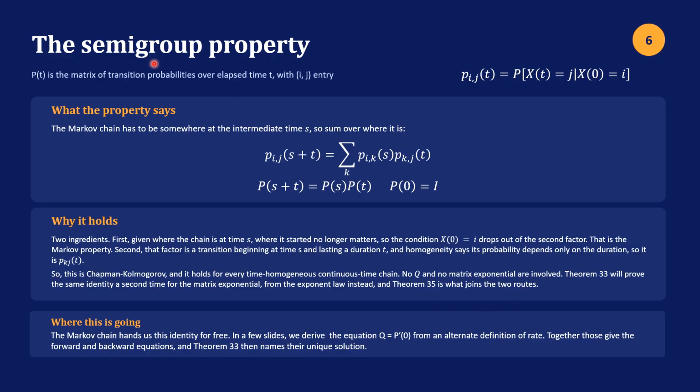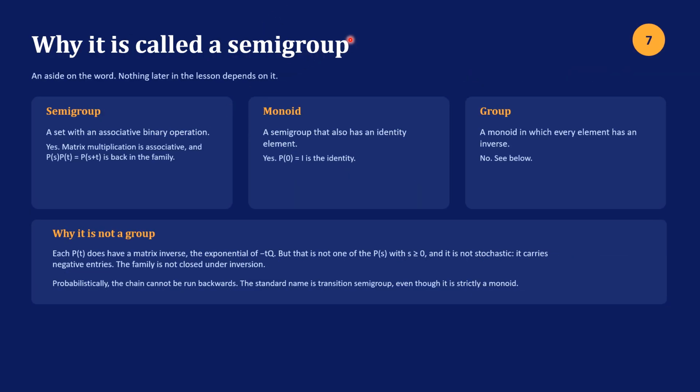What I want to do on the next slide is actually describe why the term semigroup is used. It's not really essential to the flow. It's just more in terms of background information. I wanted to explain why we use the term semigroup on the last slide. If you take a set of elements, in our case, the P of t's, these matrices here, it's called a semigroup if you have two properties.